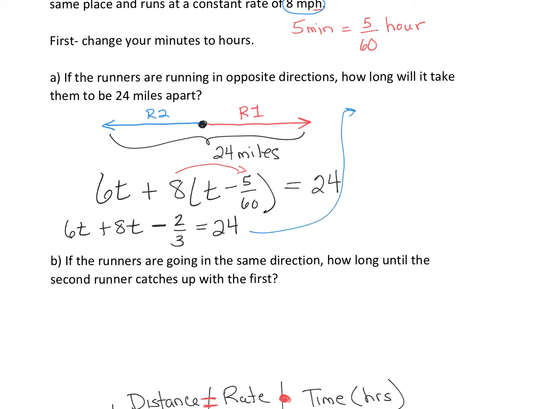Simplifying further, 6 and 8 is 14t. If I add 2/3 to each side, 2/3 plus 24 is going to give me 74/3. You can use your calculator to do that. And then I'm going to divide both sides by 14, or alternately you can think of multiplying by 1/14.